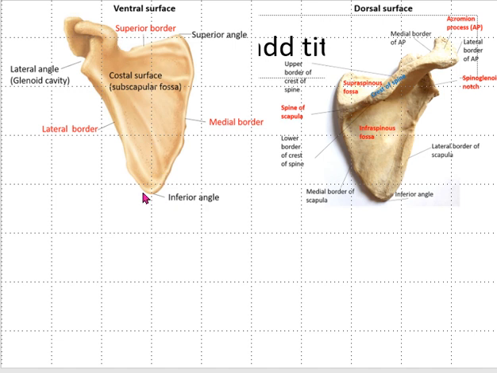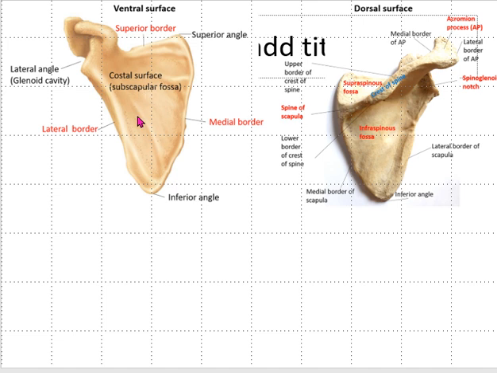The medial border is thin, extends from the superior angle to the inferior angle. It is the largest border of the scapula. The lateral border is the thickest border of the scapula, extends from the glenoid cavity to the inferior angle.